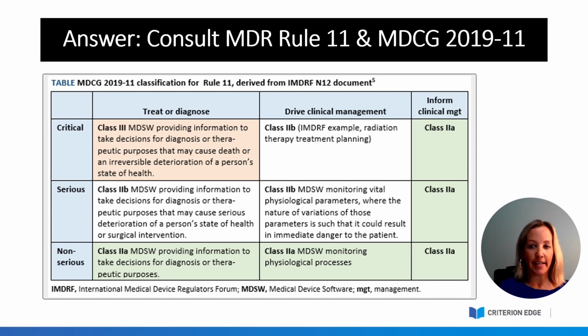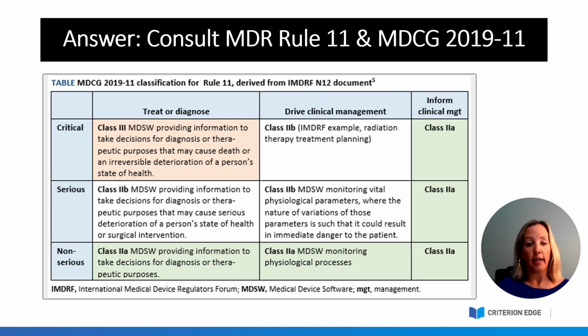First, let's consult the MDCG 2019-11 guidance, which explains the classification outlined in the MDR Annex 8 Rule 11 to see why the software might be classified as 2B. I'm not sure if that's a classification that you arrived at on your own or if it was a recommendation from a notified body or regulatory body.